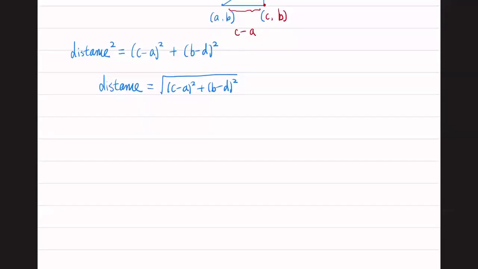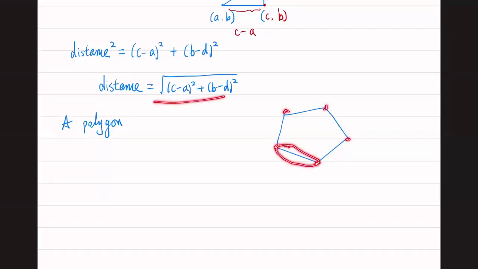Now given a polygon, a general polygon, not a regular. We can find the coordinates. Then we can find the distance using the coordinate formula.